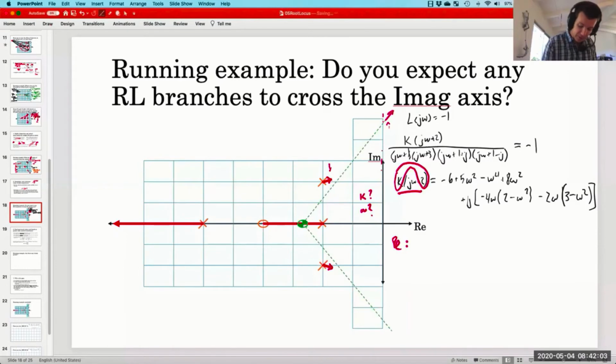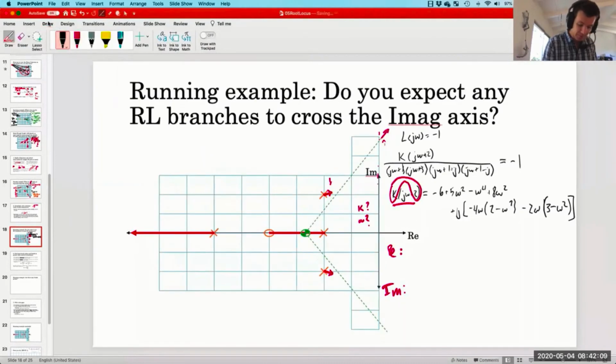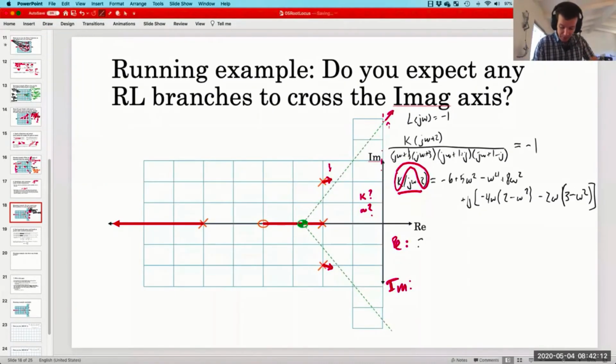And then analogously, the imaginary parts of the left and right have to match. So this gives us 2k on the left, and the real bits are just this first half line. So this is minus 6 plus 13 omega squared minus omega to the 4.